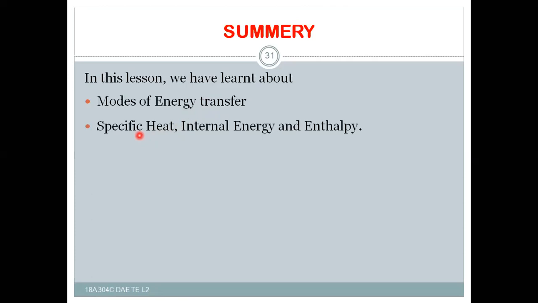Specific heat is the amount of heat required to raise 1 kg of gas by 1 degree Celsius. We also discussed internal energy and enthalpy, completed flow work and entropy, and worked out two simple problems in this lesson.